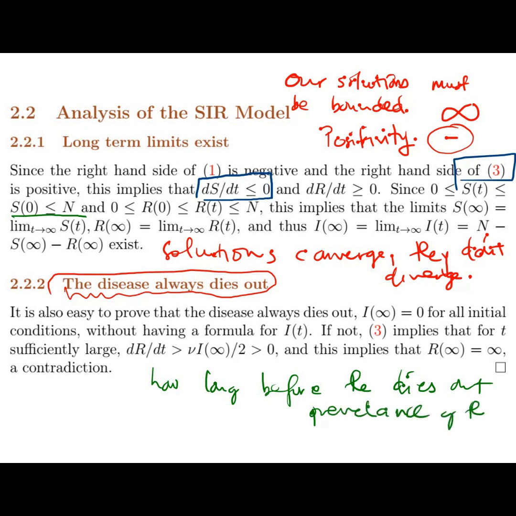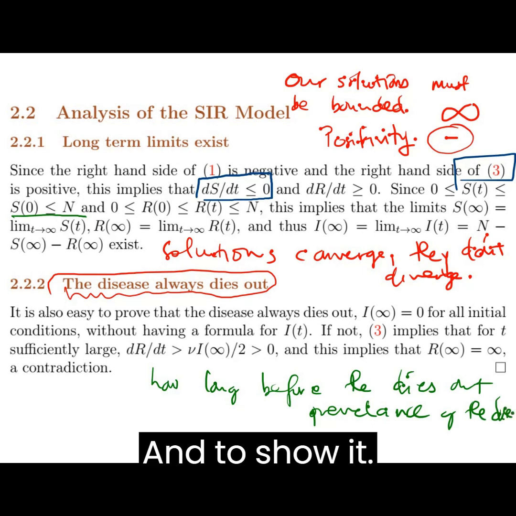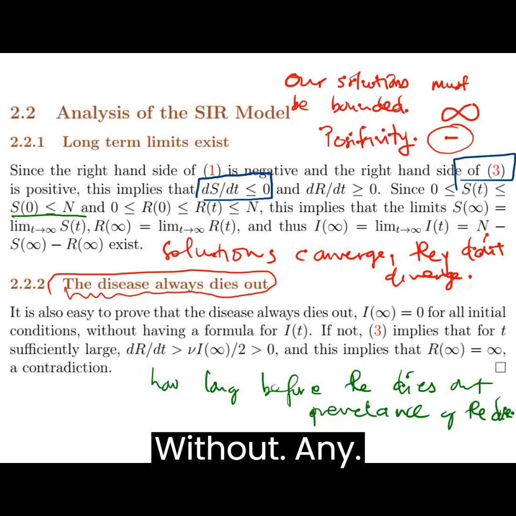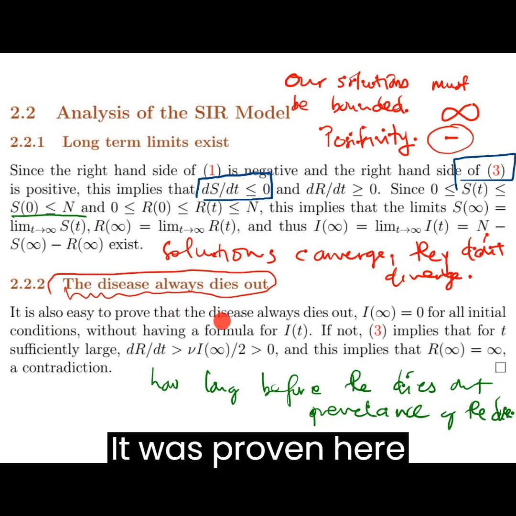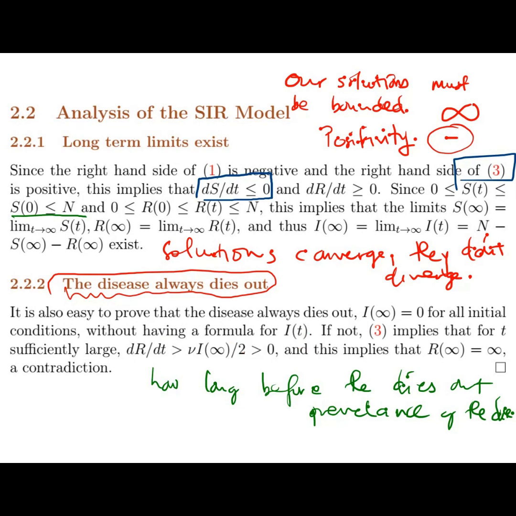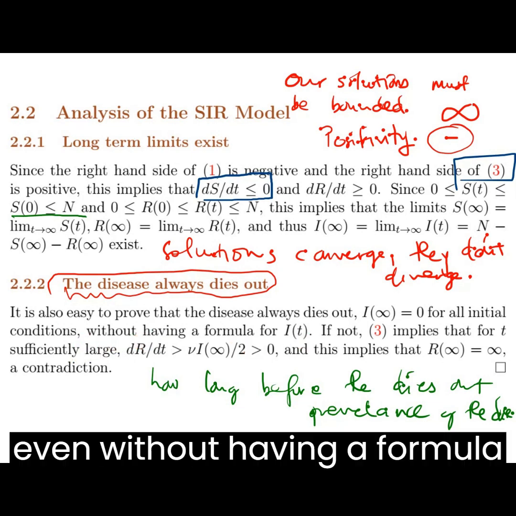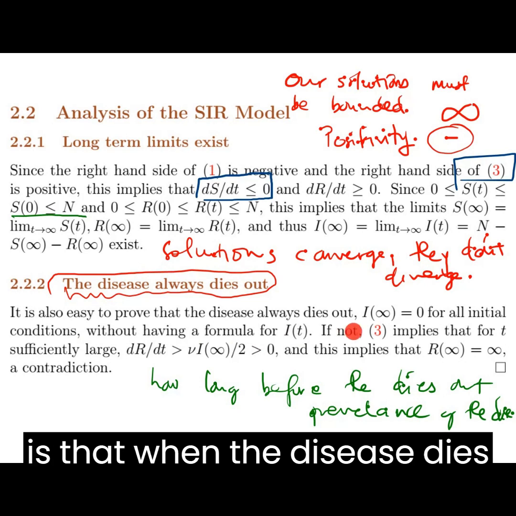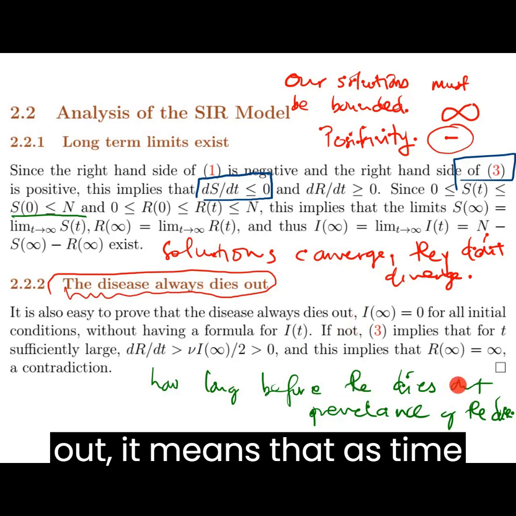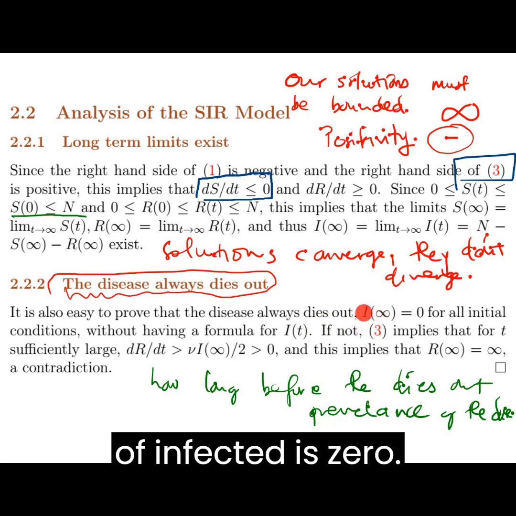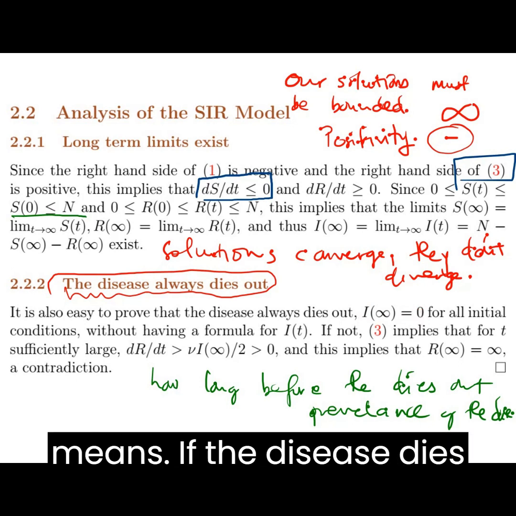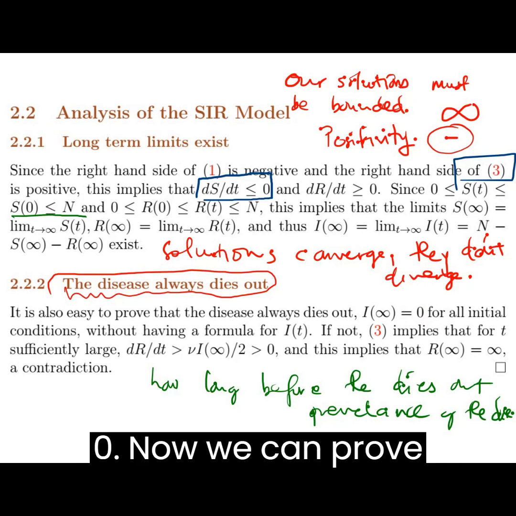It was proven here for all initial conditions, even without having a formula for I(t). What we then do is say that when the disease dies out, it means that as time goes to infinity, the number of infected is 0. Okay? That's what it means. If the disease dies out, the number of infected is 0.